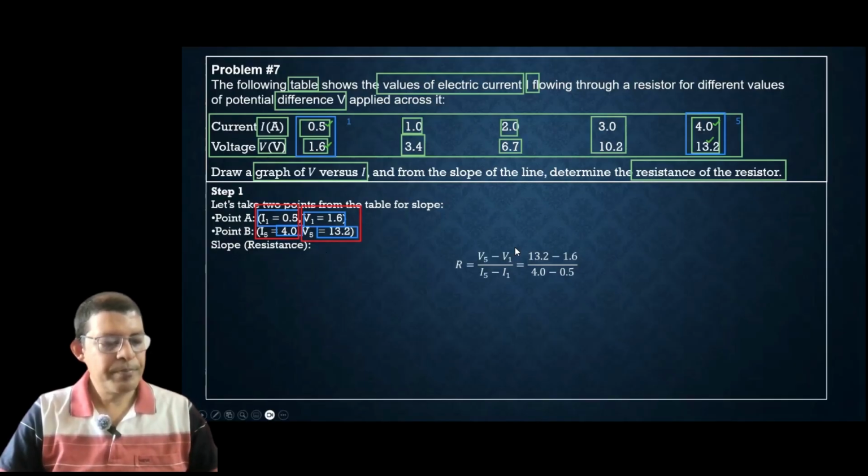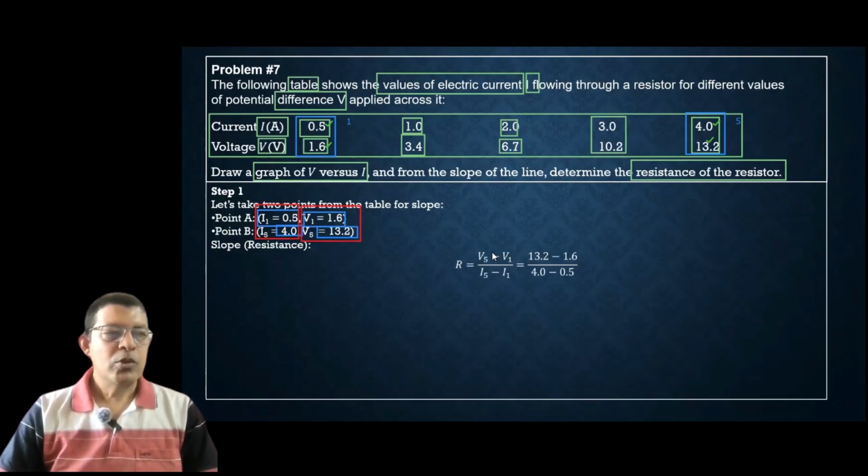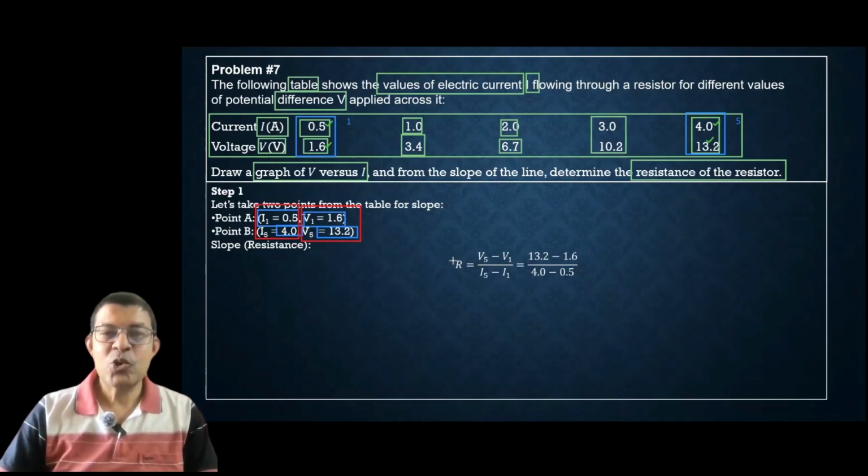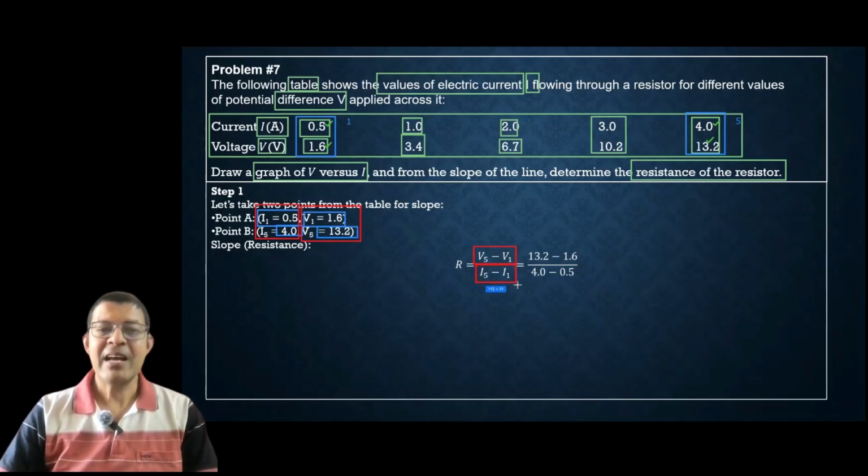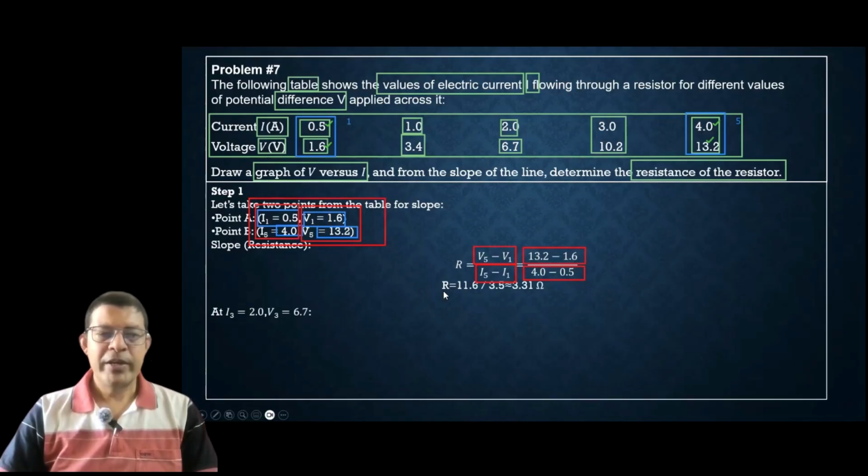Resistance is identified by getting the slope of the graph, which from the y-axis is V5 minus V1, and from the x-axis is I5 minus I1. We put in all the values of V5 and V1 that we have identified, and solve. So we get resistance approximately equal to 3.31.